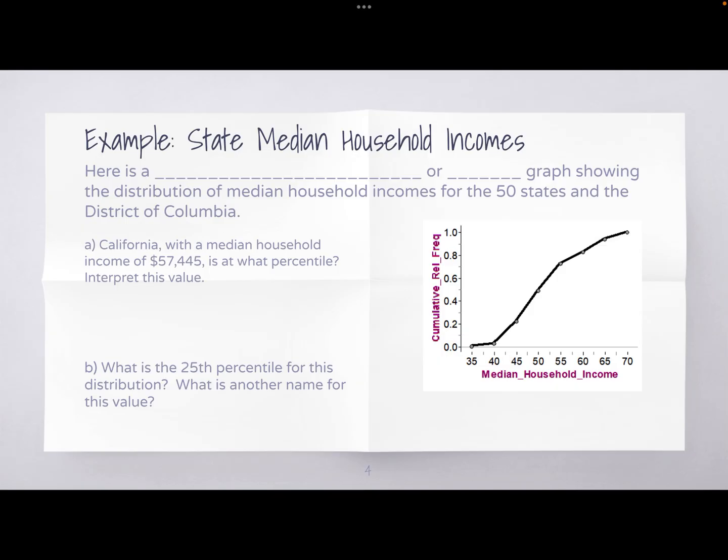Okay, let's look at median household incomes. This is called a cumulative relative frequency graph, or ogive. It shows the distribution of median household incomes for the 50 states and the District of Columbia. So let's look at California. California has a median household income of $57,445.